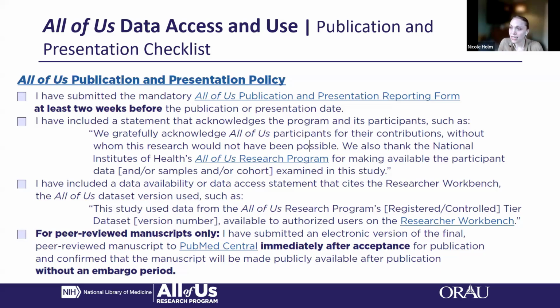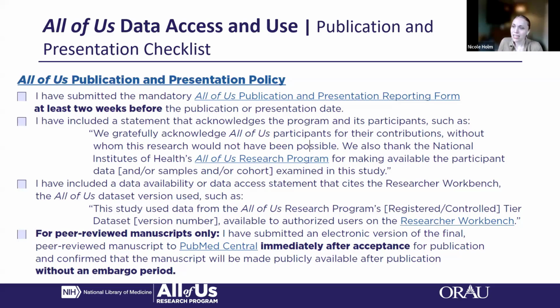You also have included a data availability or data access statement, especially if that's required by your journal or publication, and that you specifically cite the Researcher Workbench and All of Us data set as well as the version used. This can look something like this. Data used: The study used data from the All of Us Research Program, either registered or controlled here, whichever you use, and data set and the version number that you used, available to authorized users on the Researcher Workbench.